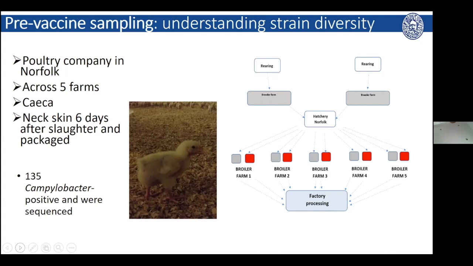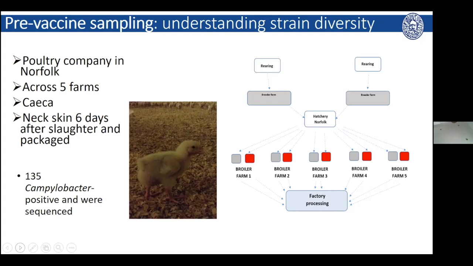We sampled the caeca, because that's where we would expect the highest concentration of Campylobacter within the bird. We also sampled from the neck skin, but we kept the neck skin packaged and refrigerated to replicate how this would be done in real life in retail, when it goes into supermarkets, because we thought this would maximize our chances of finding strains that are likely to survive poultry processing.